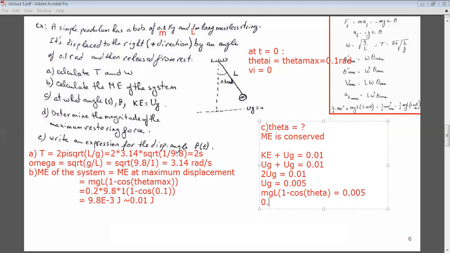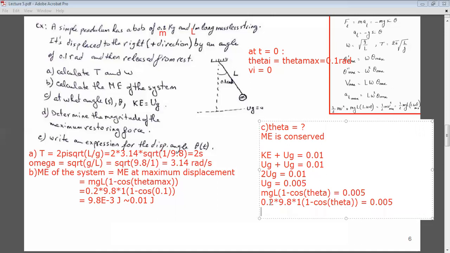0.2 times 9.8 times (1 minus cosine of angle theta) is equal to 0.005.